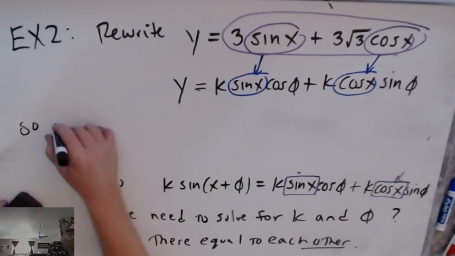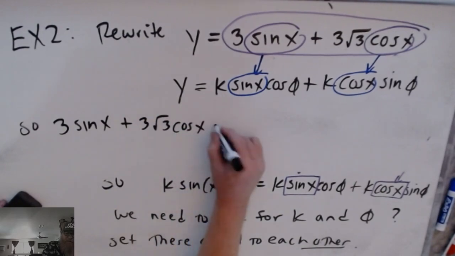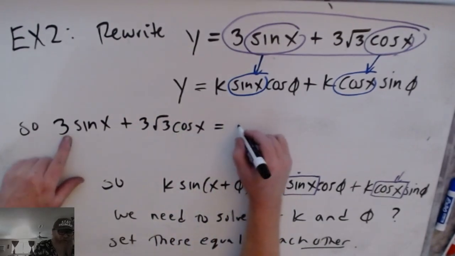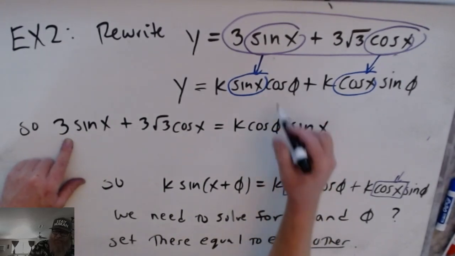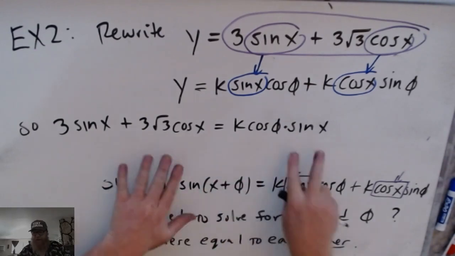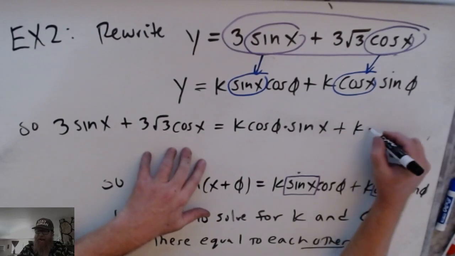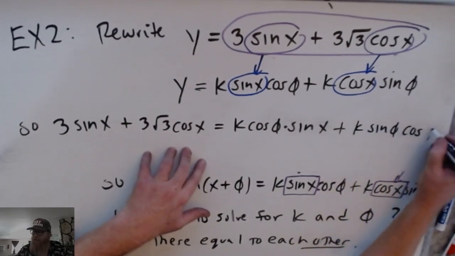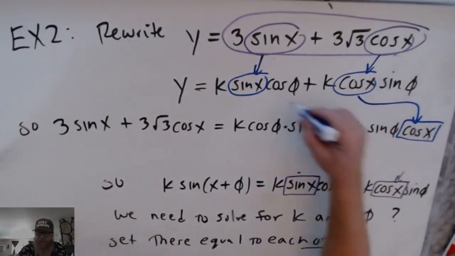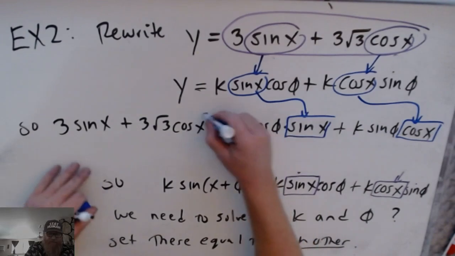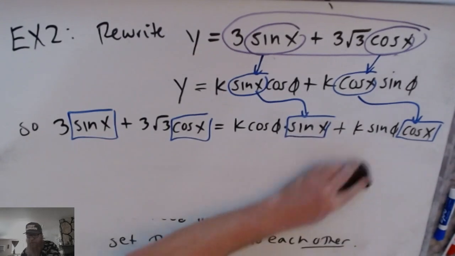So 3 sine x plus 3 radical 3 cosine x must be equal to, now watch how I rewrite this, k cosine phi sine x. I want these to be in the same order, plus k sine phi cosine x. So I'm just moving the cosine and the sine so that I can set these parts equal to each other.